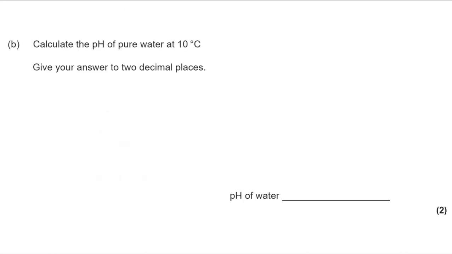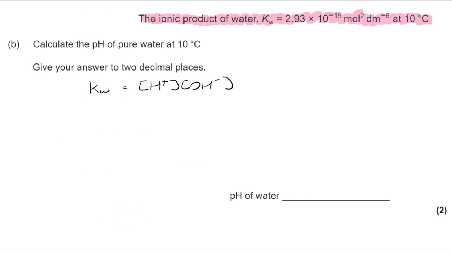And we'll see that with part B, where we want to know the pH of pure water at 10 degrees C. Answer to 2 decimal places. I'm using Kw, I'm going to write the expression out, and I'm bringing forward the Kw value that we were provided with. Now, I also need to make an assumption here. Any water molecule that dissociates will give 1 H plus and 1 OH minus.